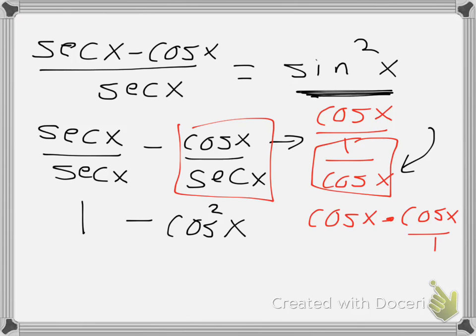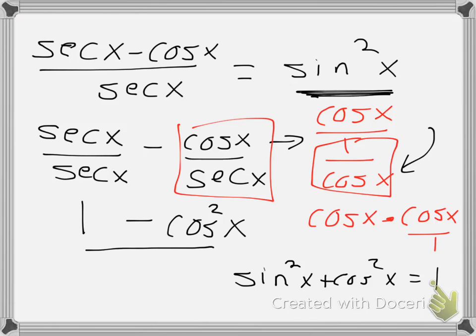If you recall, one of our identities is our trigonometric identity. The most common one is sine squared of x plus cosine squared of x equals 1. We might think, well, is there any way that I can match this expression based off this equation?